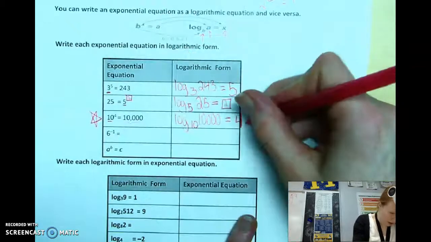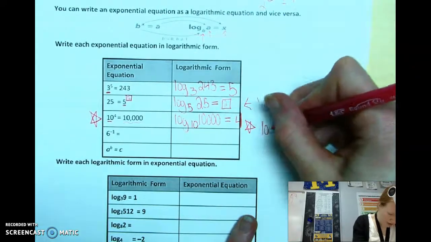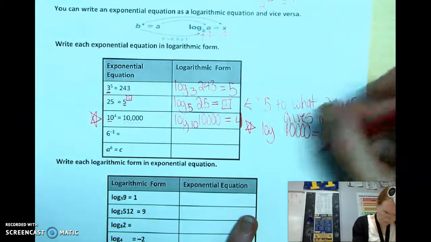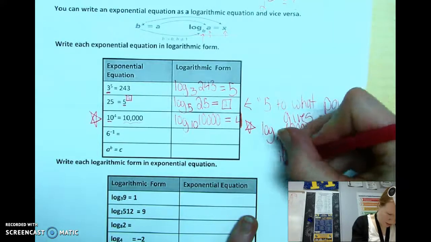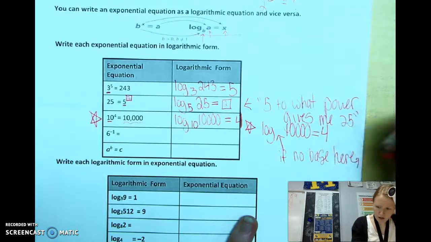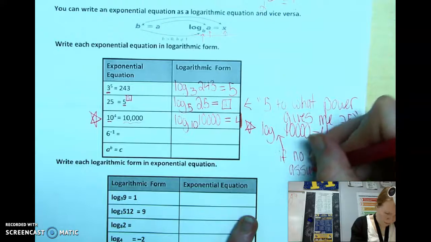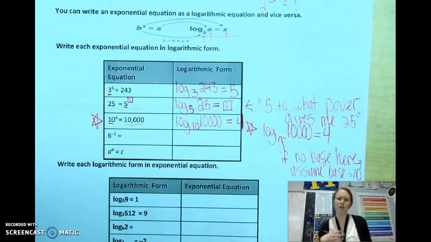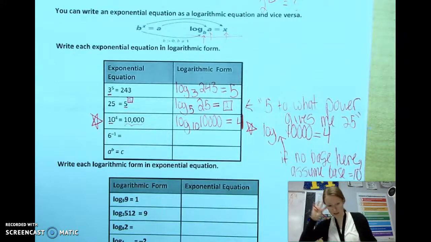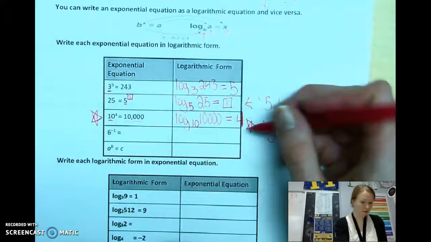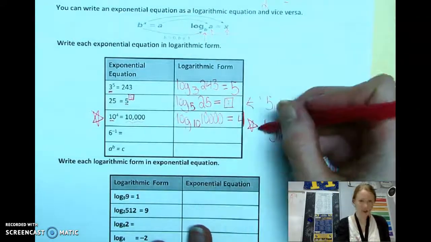Something important to take note of: if you ever see log of 10,000 equals 4 with no base, you're going to assume the base is equal to 10. It's a common thing that we use all the time in mathematics, so they drop the 10 as shorthand. This is the more formal way of writing it: log base 10 of 10,000 equals 4.